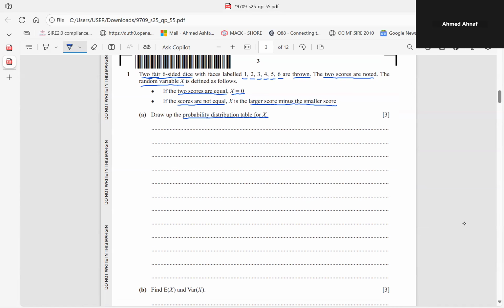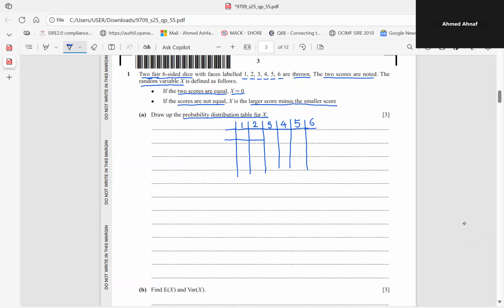Okay, so first of all, let's find out all the possible values of X and the respective probabilities. In order to find the values of X, I can draw a table like this. The first row would be the faces of the first die, 1, 2, 3, 4, 5, 6.